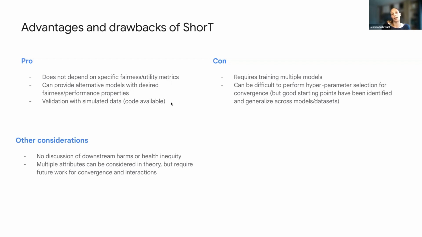So we have simulations where we have no association between the label and the sensitive attributes, and we make sure that SHORT returns non-significant results, while on the other hand, when there is an association, SHORT returns a significant result.